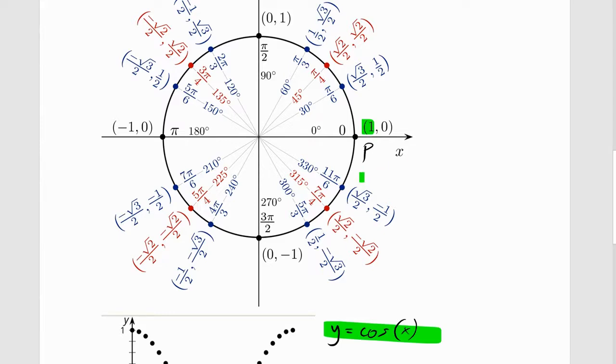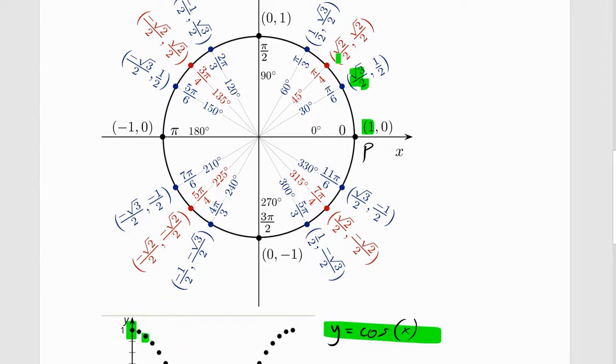So you start at 1, right? And then when you go up to pi sixth, your x value is now that, and that's 30 degrees, okay?